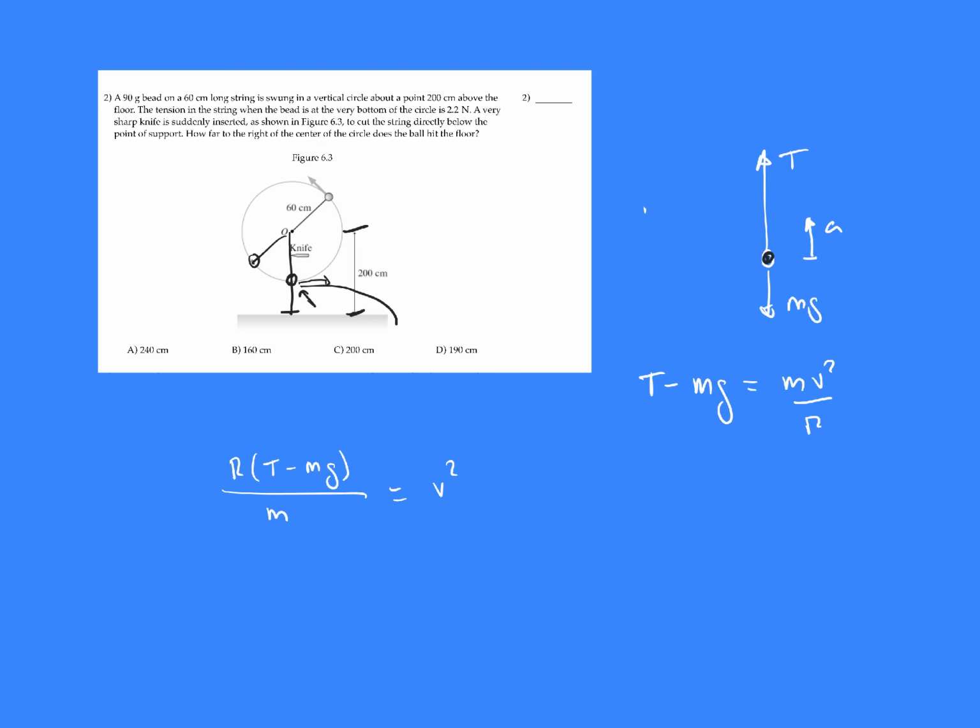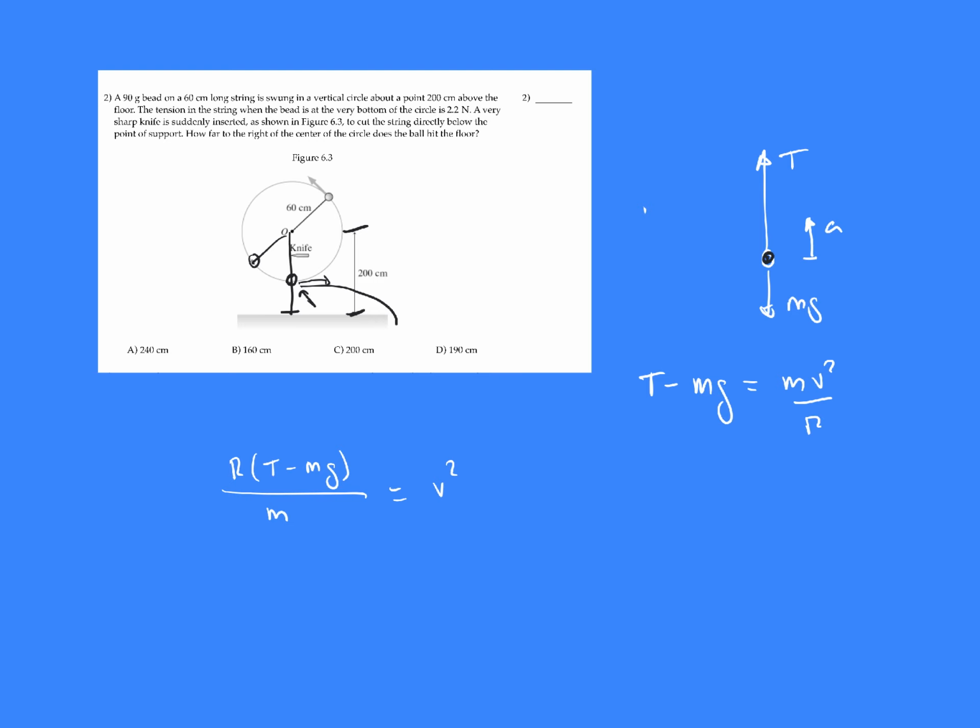Now, which is bigger, the tension or the weight? The tension should be bigger because the acceleration is in this direction. If there is more force in this direction, it will produce acceleration in this direction. So T minus mg should be mv squared divided by r.